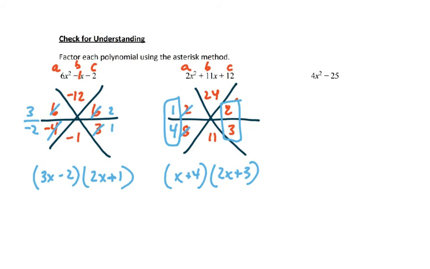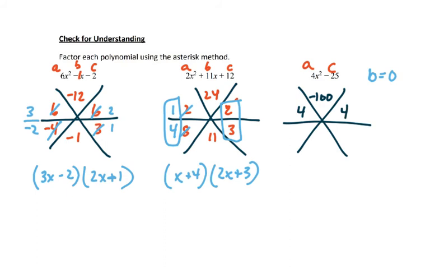This problem is one of the ones where b equals 0 because the x term is gone. A is 4. C is negative 25. Plug that into the asterisk. Get negative 100 for 4 times negative 25.